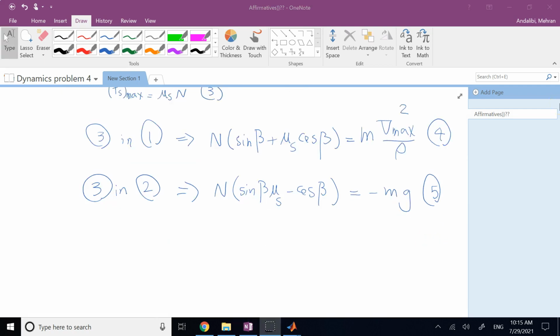And now to eliminate n between 4 and 5, all I need is to divide the two equations, right? Because if you do, not only n goes away, m goes away, which is a parameter that is not even given.